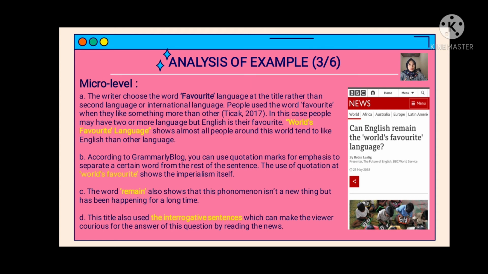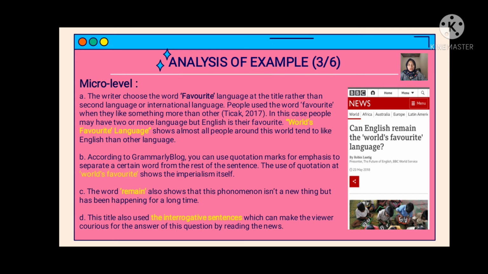People use the word favorite when they like something more than others. In this case, people may have two or more languages, but English is their favorite. World's favorite language shows almost all people around this world tend to like English more than other languages.